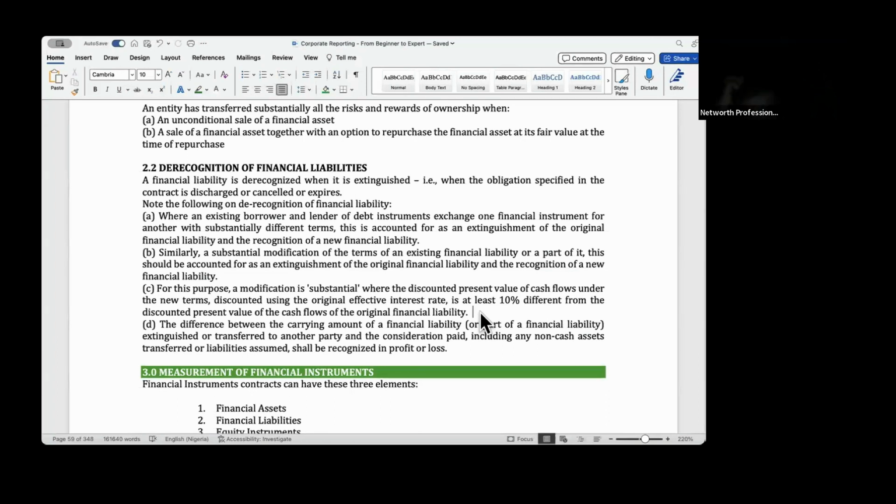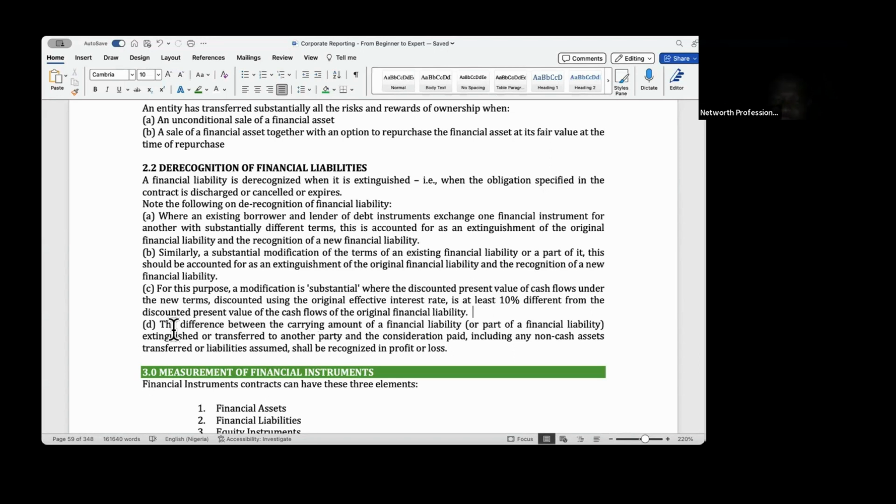So from 10,000 under the original terms, you are now owing 6,000. That change from 10,000 to 6,000 is 4,000, and 4,000 over 10,000, the old value, is 40%. So that change is substantial. You have to derecognize the old or original terms financial liability from your books and recognize a new one.